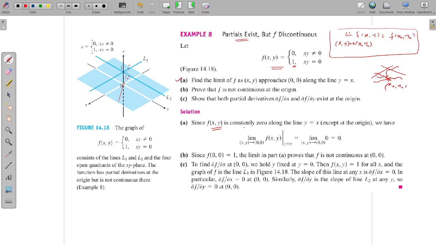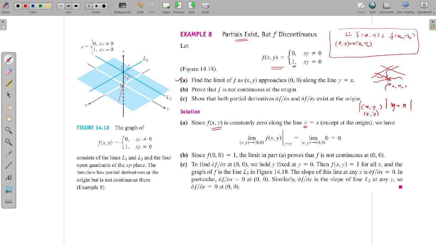f of x, y is constantly 0 along the line y equal to x. When you consider all the points (x, y) of the straight line with y equal to x, it contains only the point (0, 0) where one of the coordinates is 0.